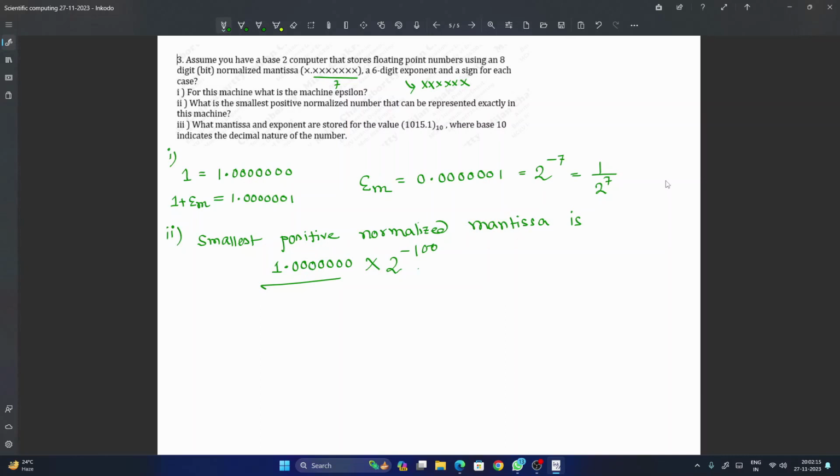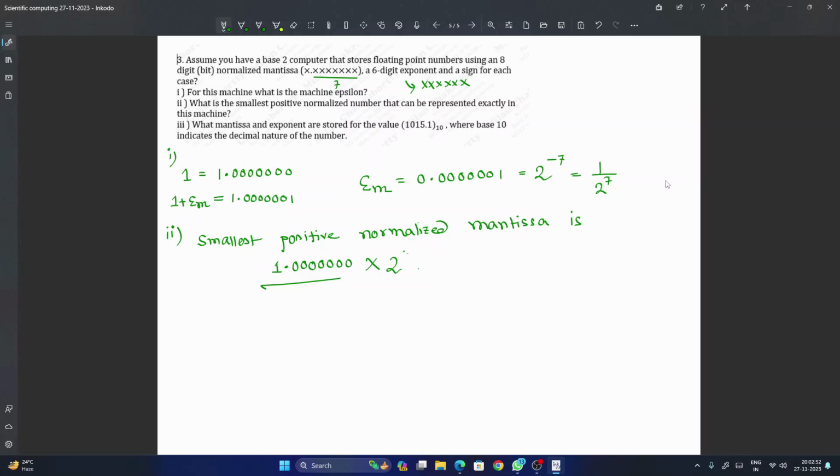So if you take a large number here, it will give you the smaller number, or the smallest number. So take the largest exponent with the negative sign, then you will get the smallest positive normalized mantissa. Because if you take 2 to the power 0, you will get 1, which is bigger than 2 to the power minus 128, which means 1 divided by 2 to the power 128.